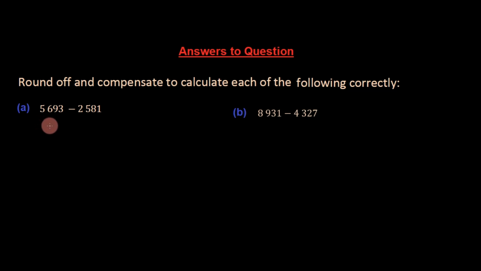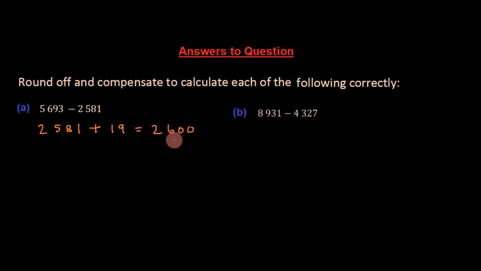Let's look at A in this question. We start with what we need to subtract, in other words 2,581. We're going to round it up to the nearest 1,000, and we can do this in two steps. We can first round it to the nearest 100, which is 2,600. So 2,581 plus 19 will give us 2,600.